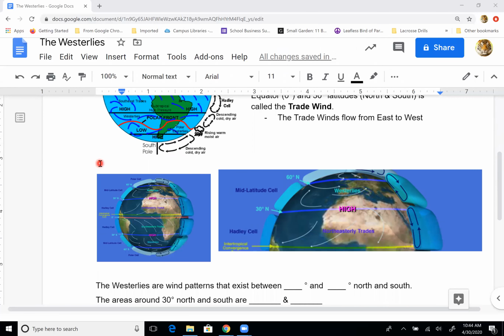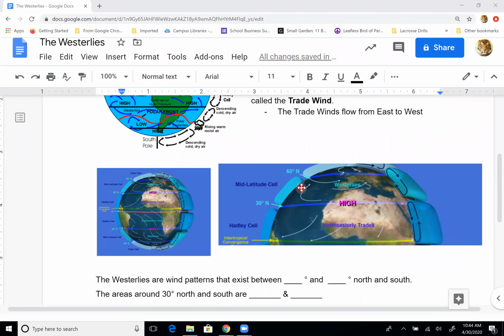Now when you go into the area between 30 and 60, you have the same wind patterns happening here. Where the air lifts is where it will produce clouds. The air descends around 30 degrees latitude, then goes in a clockwise pattern and lifts around 60 degrees, and that's where the clouds happen.